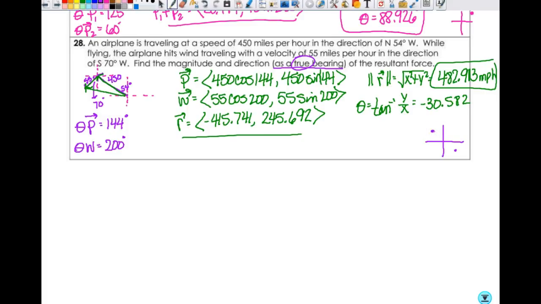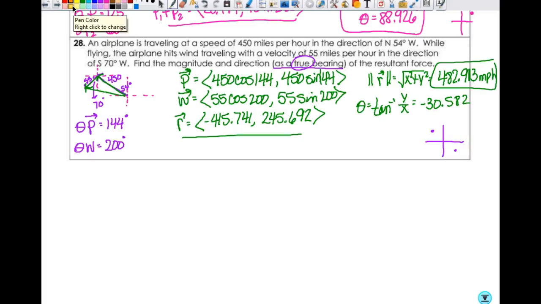I want a true bearing that starts here and gets me all the way around to here. So I think you have a couple of options on how you do that. Okay. One option is to go ahead and figure out what theta is and then go from there. Or you could figure out how to get to here as a bearing, which I think is what I would probably do in this case.